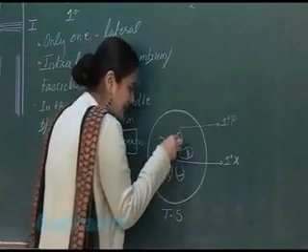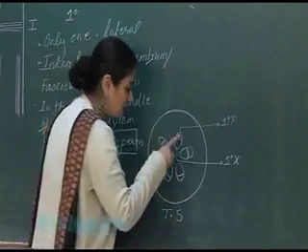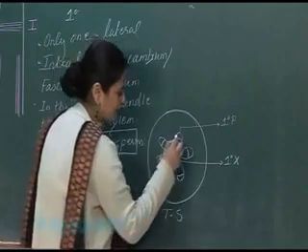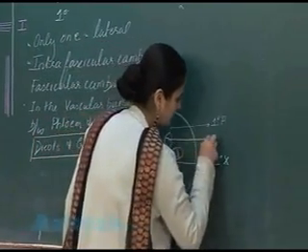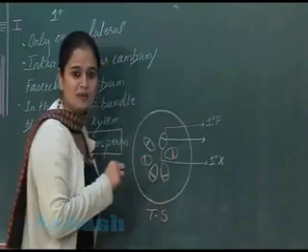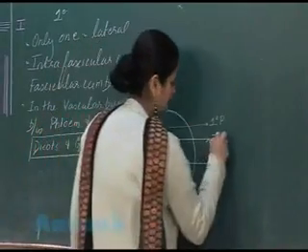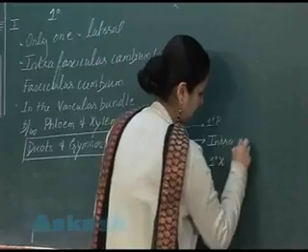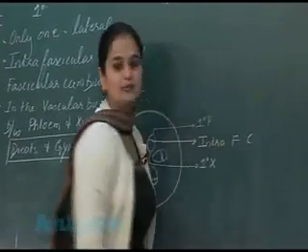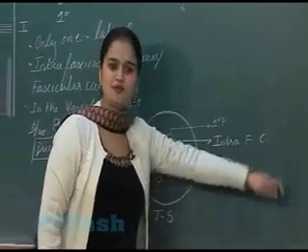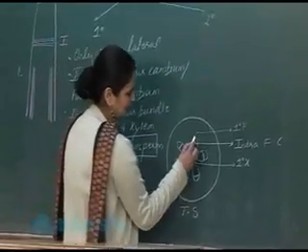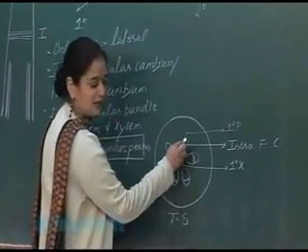Primary phloem and primary xylem together constitute the vascular bundle. And in the vascular bundle, between phloem and xylem, I have drawn the lateral meristem. And this lateral meristem is intrafascicular cambium. Yes, FC for fascicular cambium. So you got this. This is phloem, primary phloem.